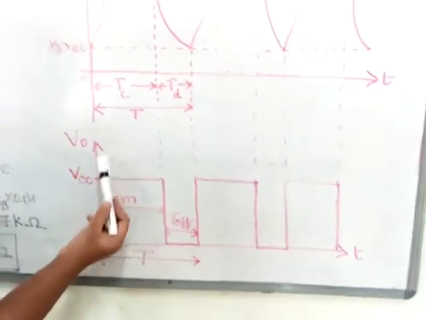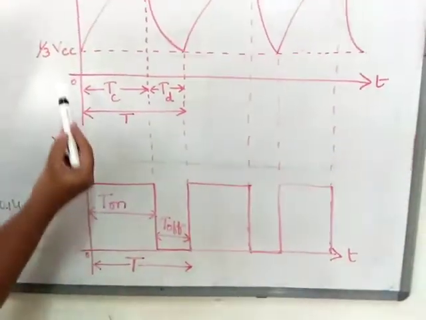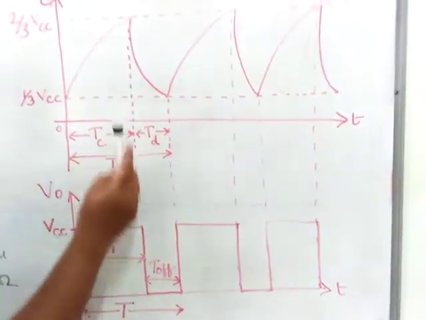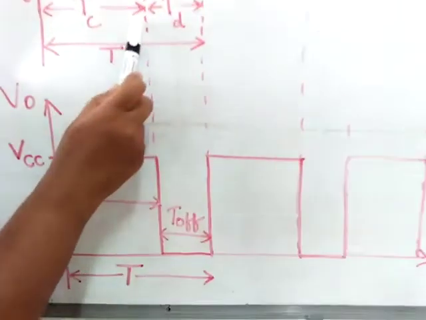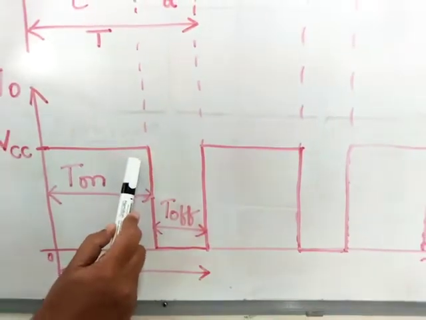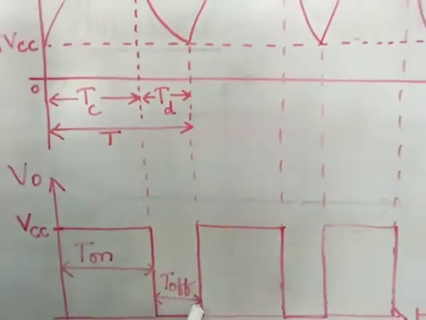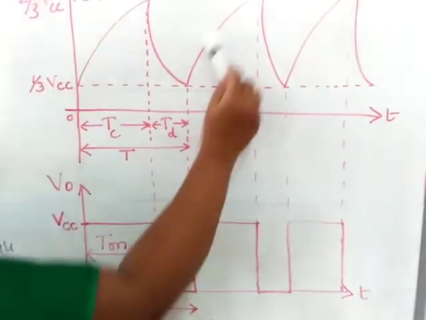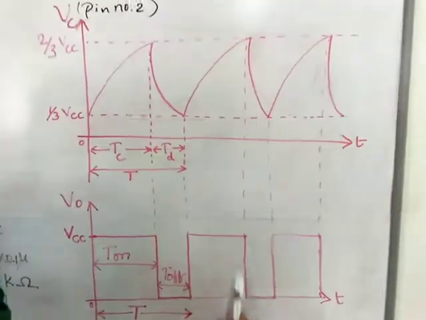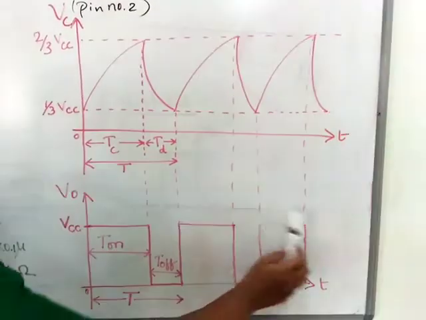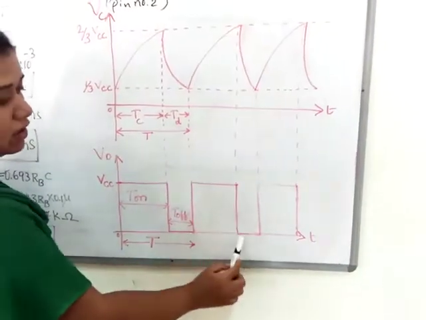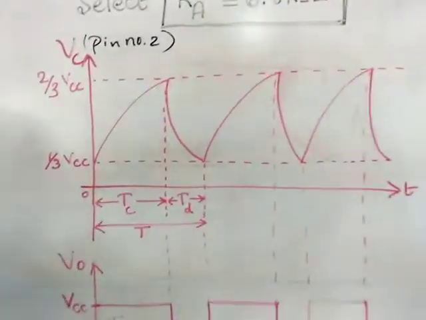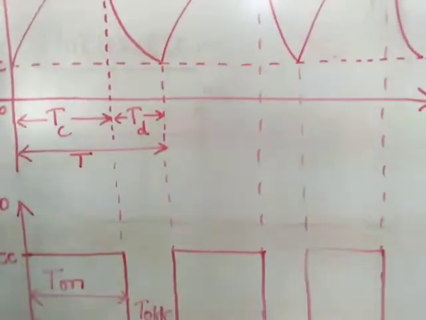Now the output waveform. Depending on charging and discharging, we can get the on and off period. Charging time is equal to on time and discharging time is equal to off time. In this way, it can generate a rectangular waveform. Here you need to measure T on and T off.